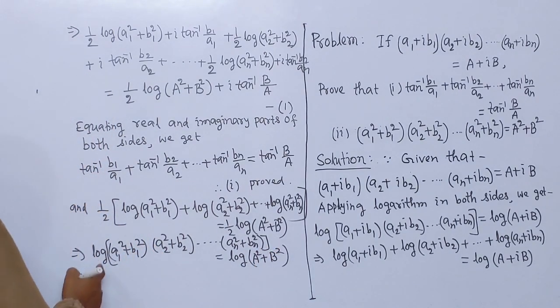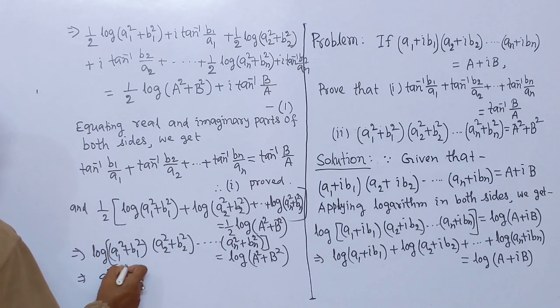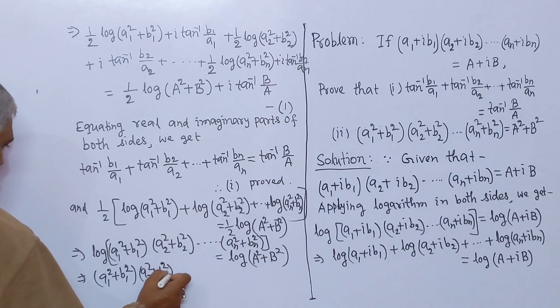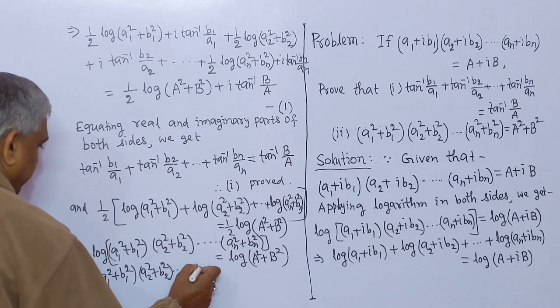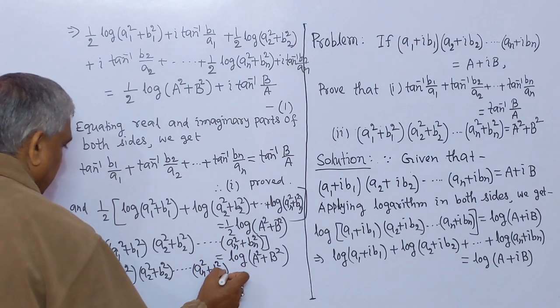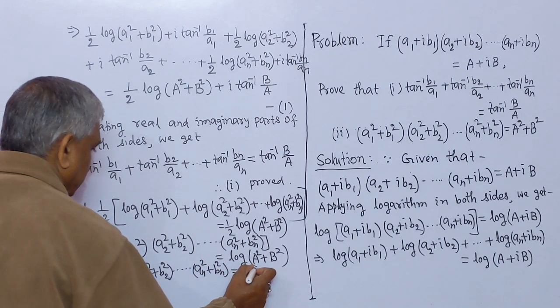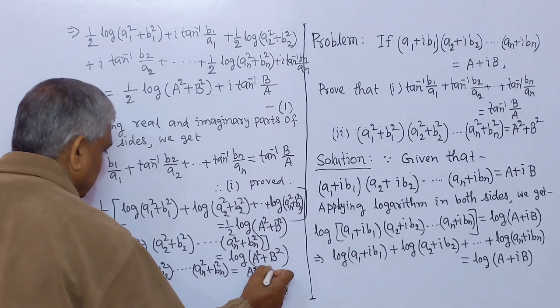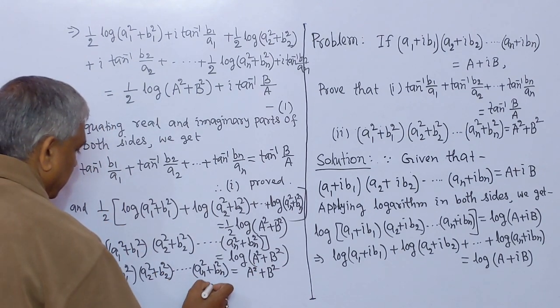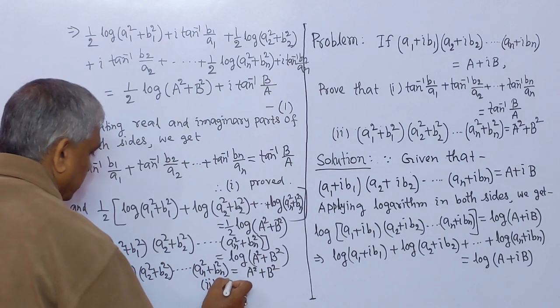Implies that removing log from both sides, (A1 square + B1 square) multiplied by (A2 square + B2 square) multiplied by dot dot dot (An square + Bn square) equals capital A square + capital B square. And this is number 2 proved.